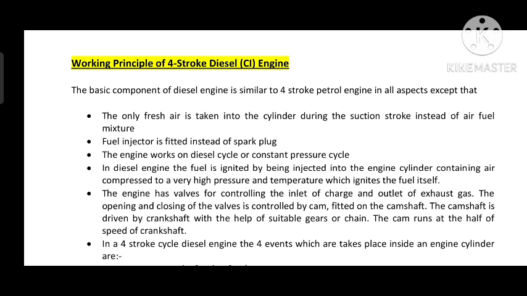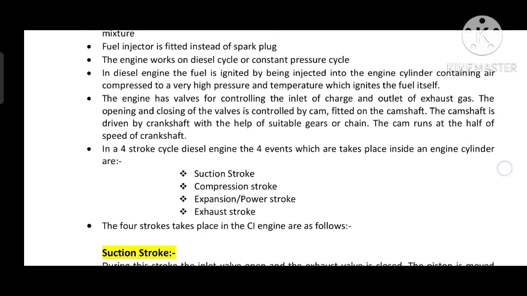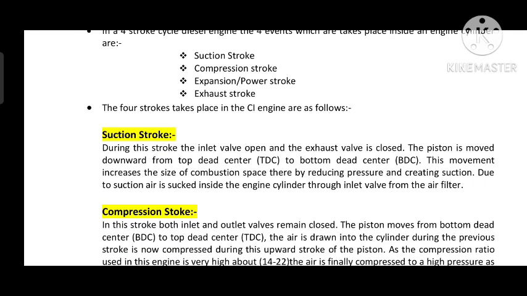In a 4-stroke diesel engine, there are also 4 events which are taking place inside the engine cylinder. The first one is suction stroke, second compression, third expansion, fourth exhaust stroke.